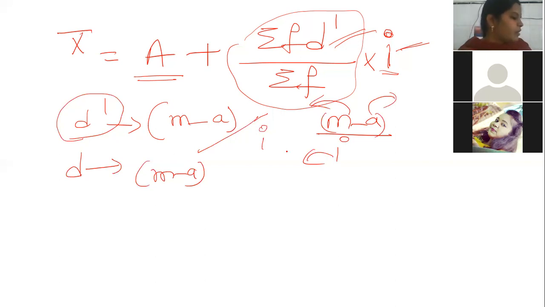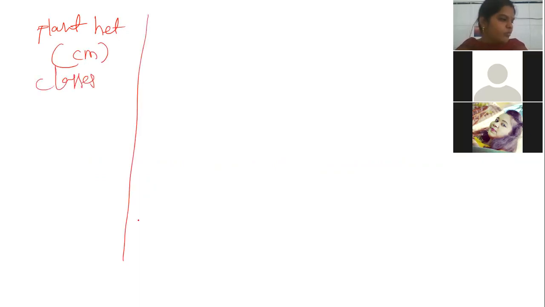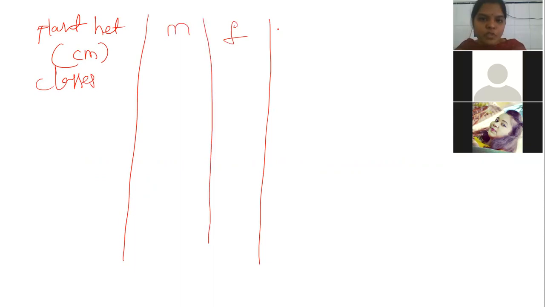Just write down one problem. Calculate the arithmetic mean from the following data. Plant height same, in centimeters, or classes, you just write down. Then midpoints, then variables, then small d, that is m minus a.